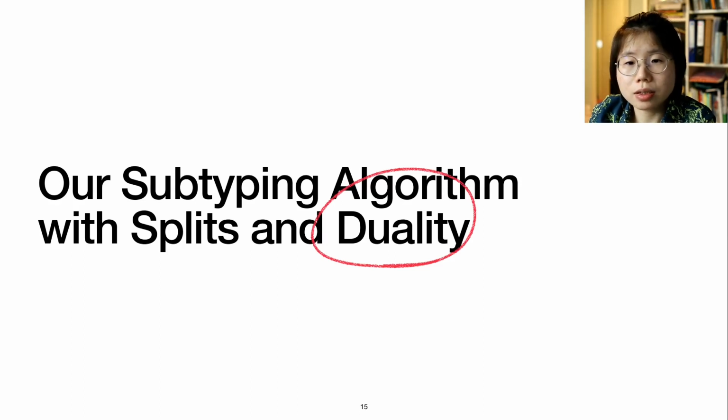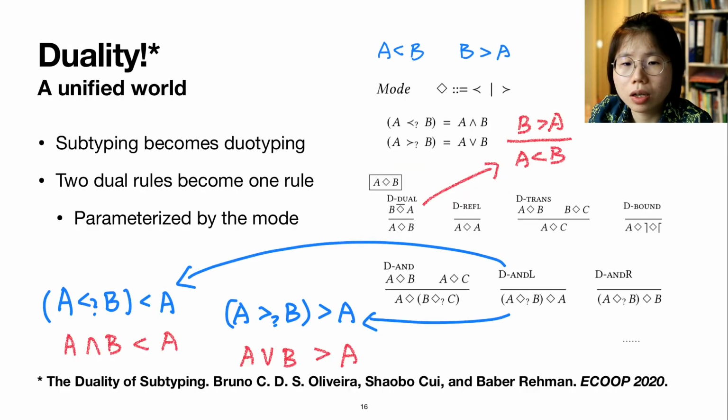And what is the duality part? Actually, we have also seen the duality between intersection and union types in their logical correspondence, in the two sets of splittable types, and in their subtyping rules.